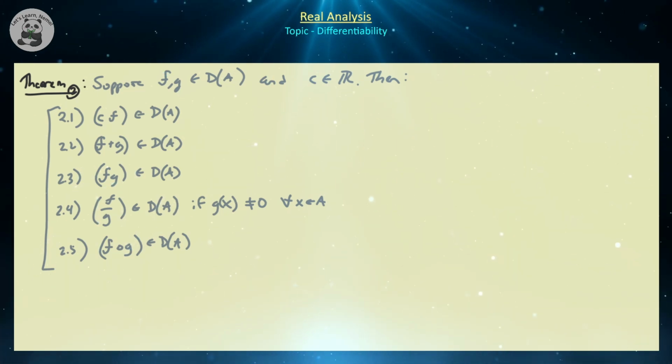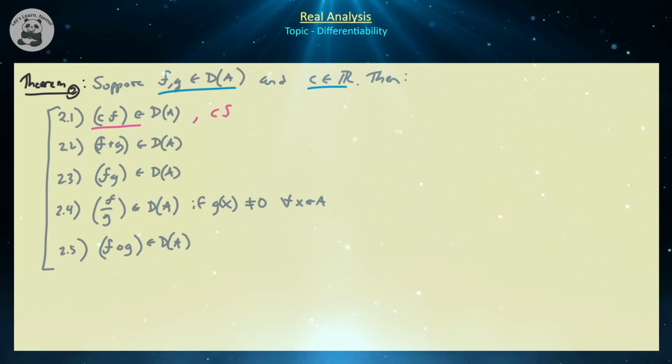Let's assume that f and g are both differentiable functions on some domain A, and let's assume that c is just a constant. Then any scalar multiple of a function will also be a differentiable function. Just because it's differentiable doesn't necessarily mean you know what its derivative is, but the scalar multiple rule says that the derivative of the scalar multiple is actually equal to the product of that scalar with the derivative of that function.